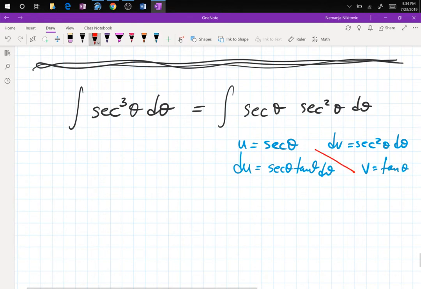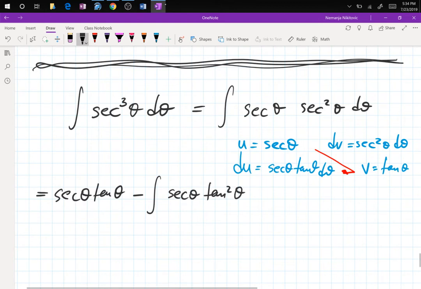And we put our trusty arrow. So now we have secant theta tangent theta minus the integral of secant theta tangent squared theta d theta. Now what?